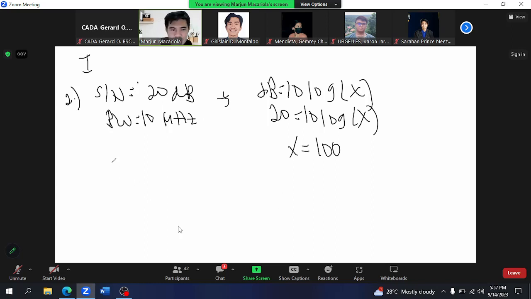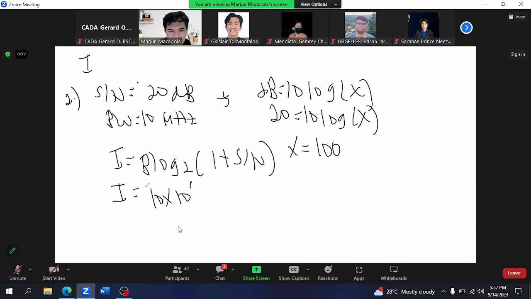Using the formula I = B log base 2 of (1 + signal to noise ratio), I is equal to 10 times 10 raised to 6 log base 2 of (1 + 100).